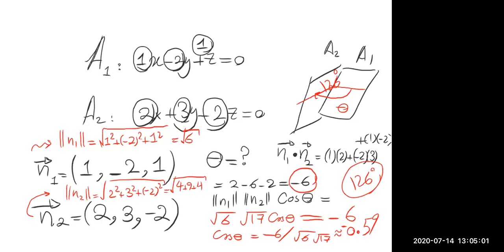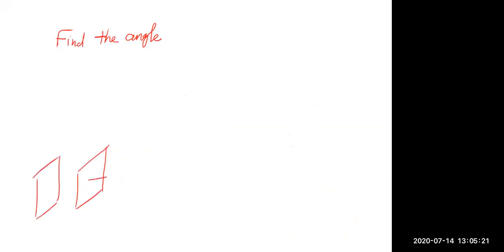Let's give you one problem to solve. So if the angle between them is 0, it means they're parallel. If this is one of them, this is the other one, it would be N1, this would be N2.